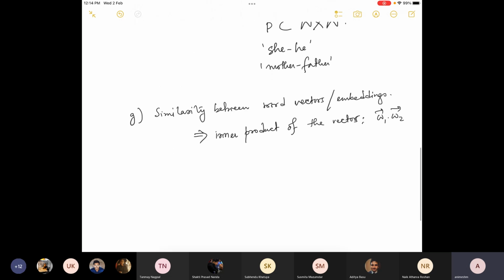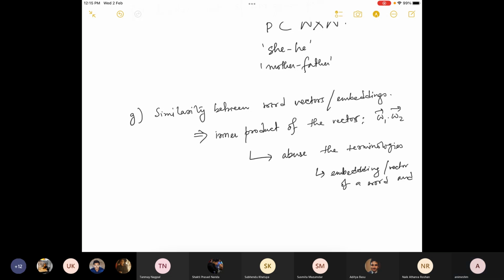Basically here we will use or abuse the terminologies a bit, in the sense that we will call the embedding of a word and the word itself interchangeably.